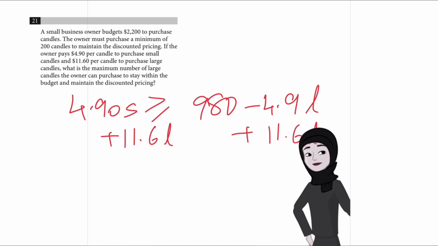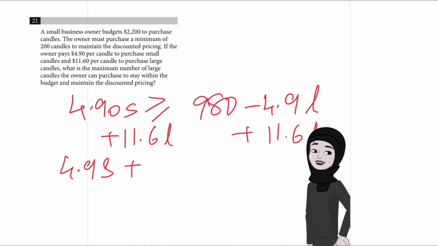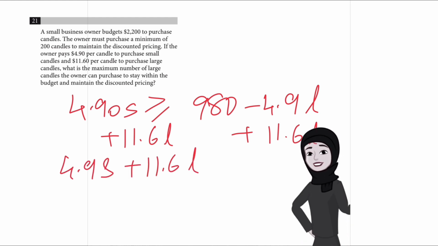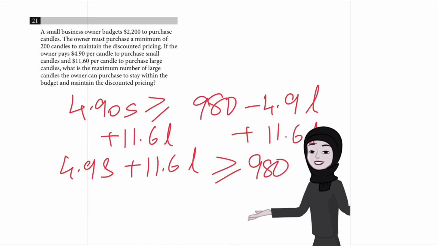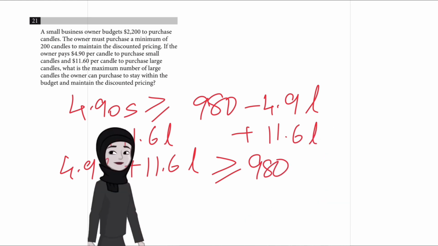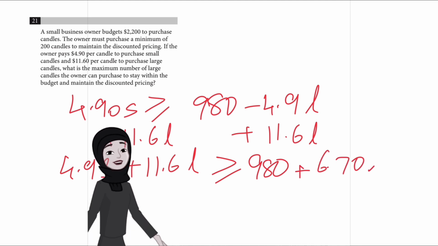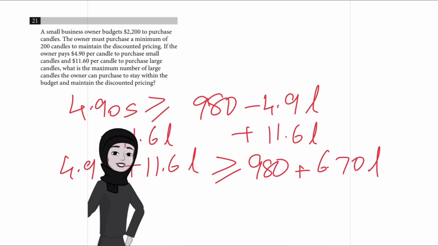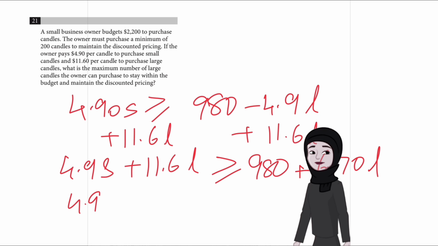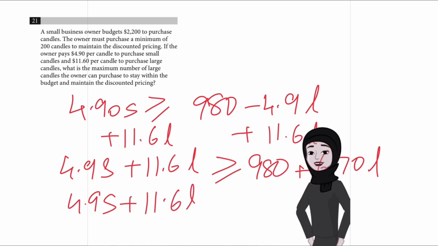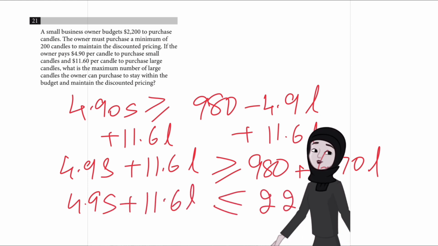Adding 11.6L to both sides gives 4.9S plus 11.6L is greater than or equal to 980, and minus 4.9L plus 11.6L simplifies to 6.70L. Now we already had the other inequality, 4.9S plus 11.6L, which was less than or equal to 2200.